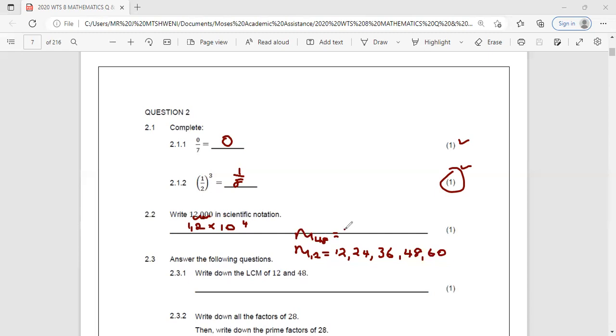They should be bigger. It is going to be 48, 96, 144, 192, and the last one, 240.